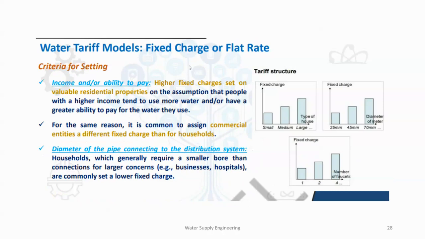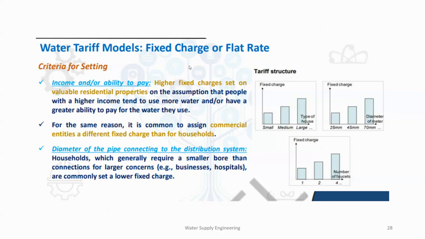So, for setting this particular value, mainly three factors we have to consider. First thing is income or ability to pay, that is consumer type. Depending upon the residential property, depending upon the financial status of the people, we will be fixing a particular charge. That is, for high income people, it will be higher than the low income and middle income people.